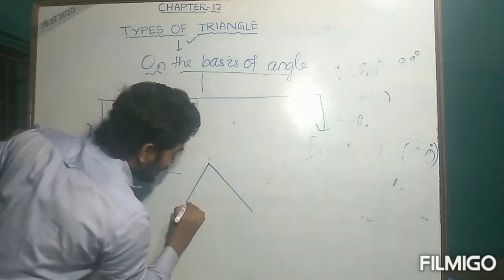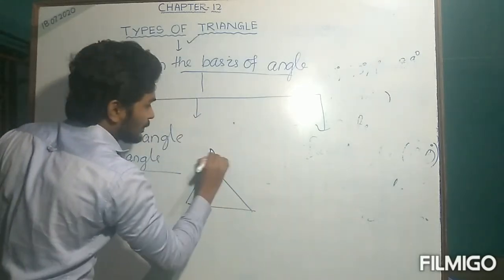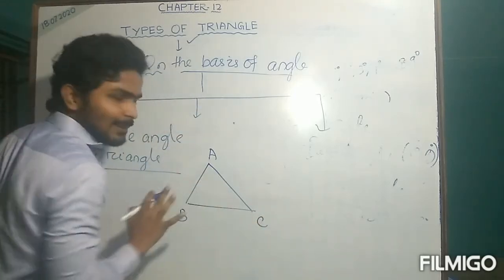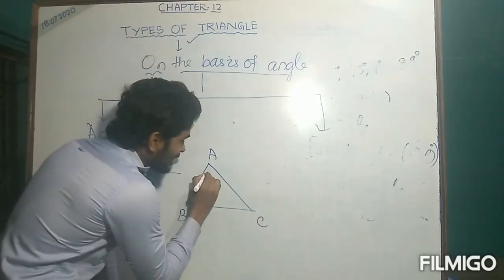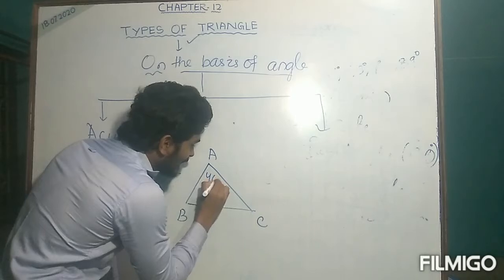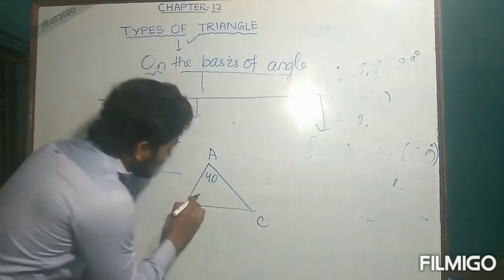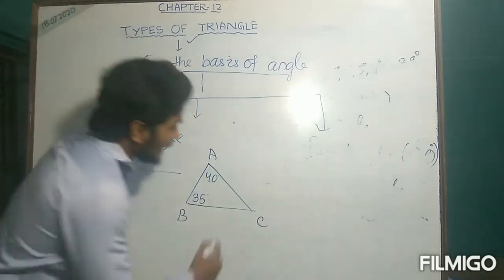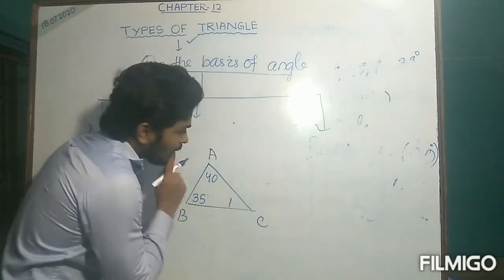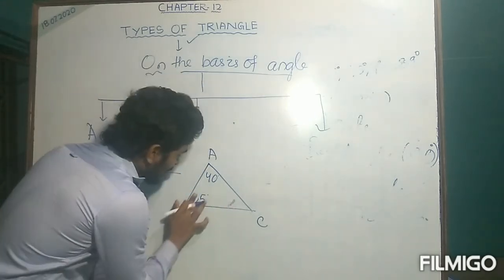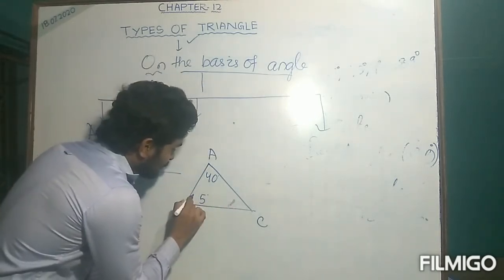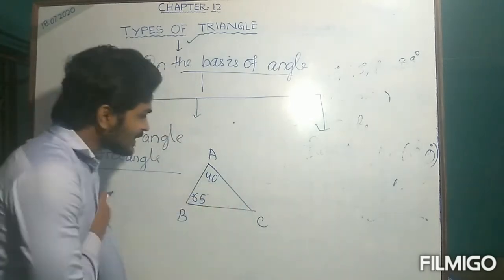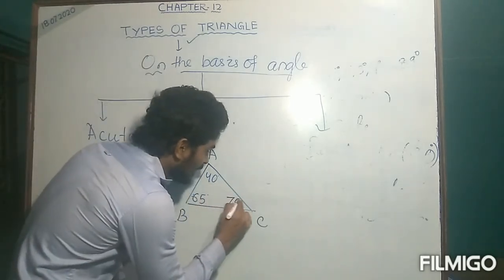The example is, suppose this is a triangle, and in this type of triangle there are three interior angles. So this angle you can say is 40 degrees, this angle is suppose 35 degrees, and this angle you can take as 65 degrees. Then this angle is 75 degrees.